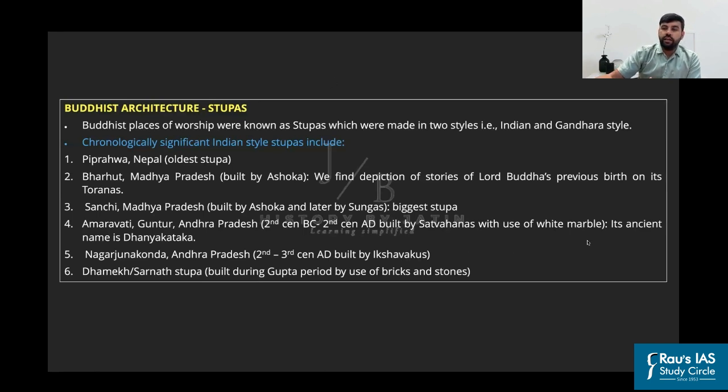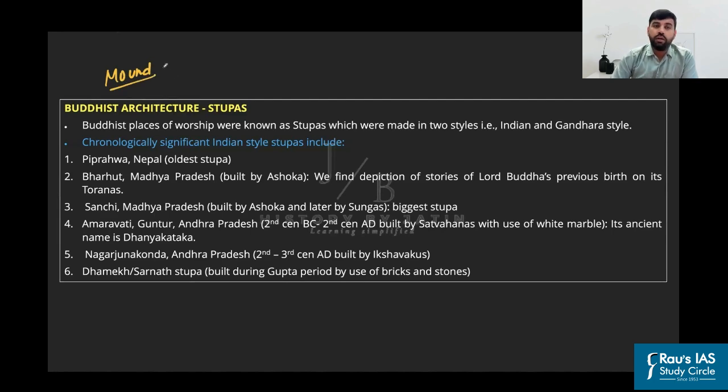So let's continue. Yesterday we were talking about how Buddhist art was. The first one was the stupa. I told you there are two kinds of stupa, the Indian style and the Gandhar style. Both styles have one common thing, that is the mound, right?